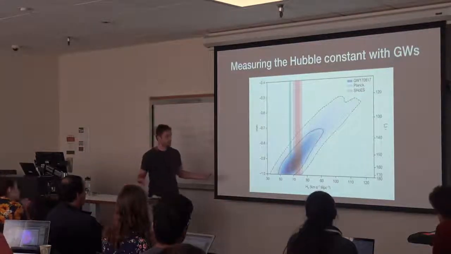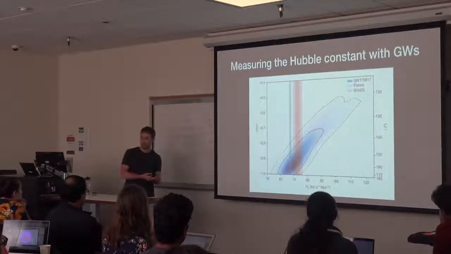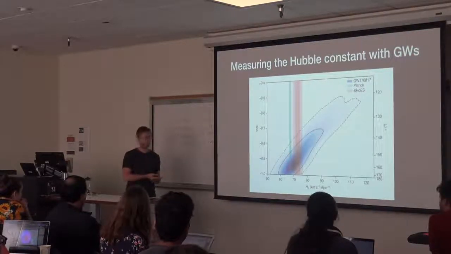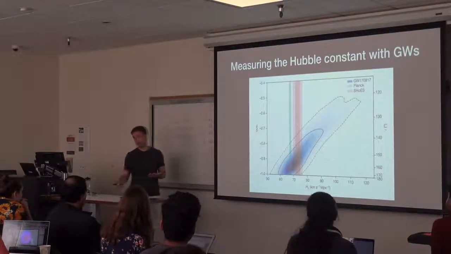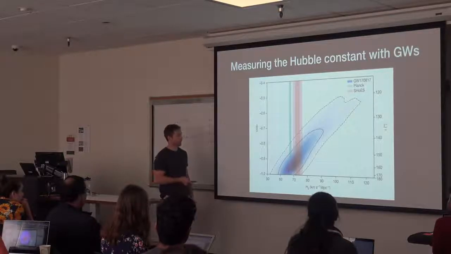So if you measure distance, you can then measure the Hubble constant. You have a gravitational wave measurement of the luminosity distance, because gravitational waves are standard sirens. Then if you find a counterpart and the host galaxy, you can get a spectroscopic redshift, relate the two, and measure H naught.